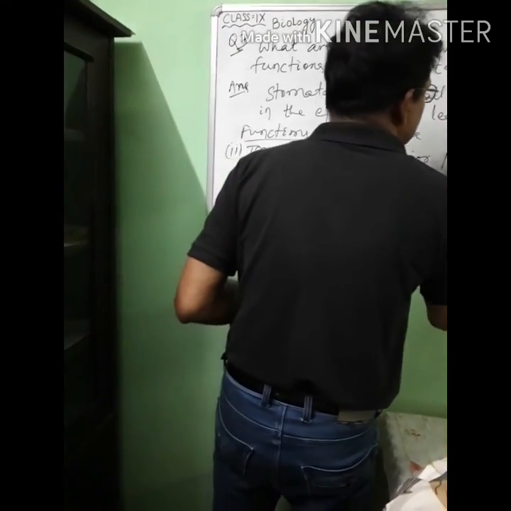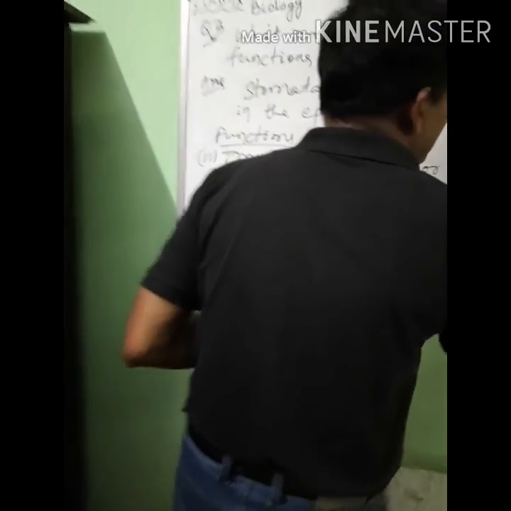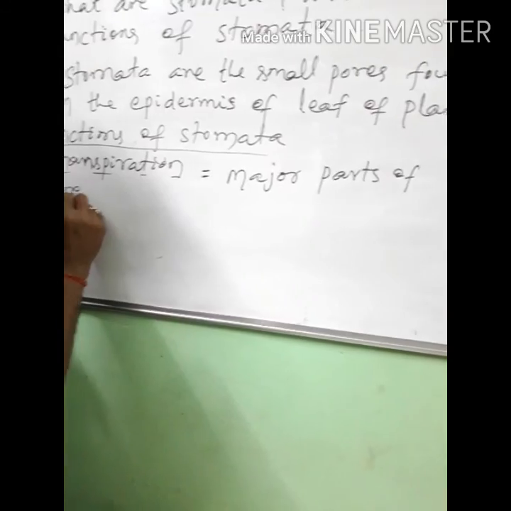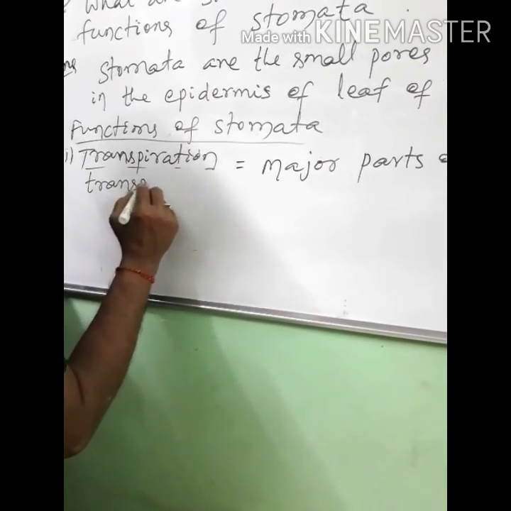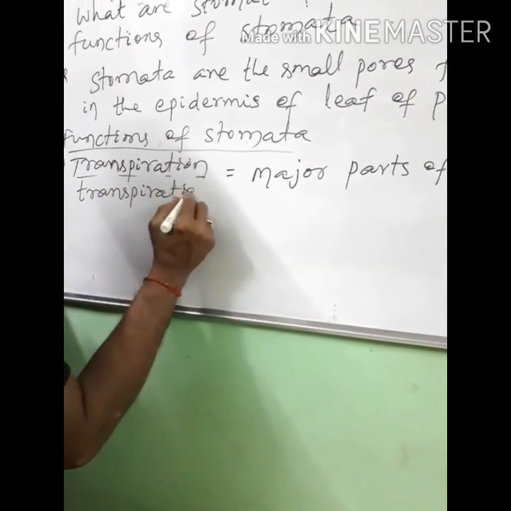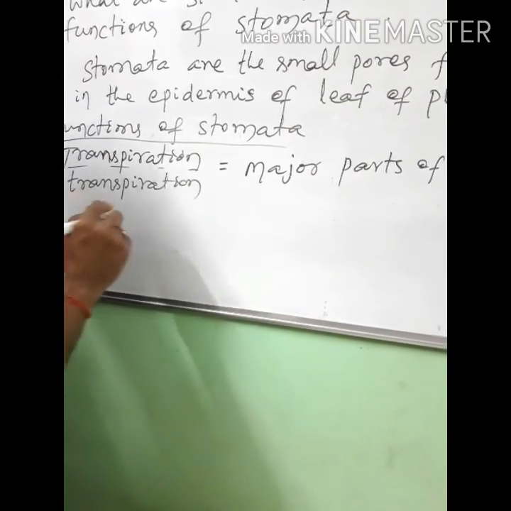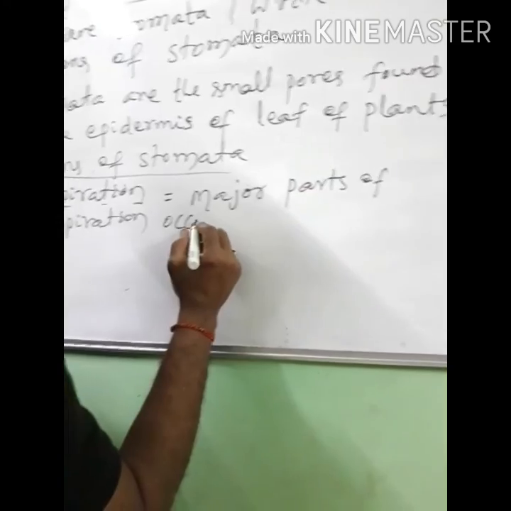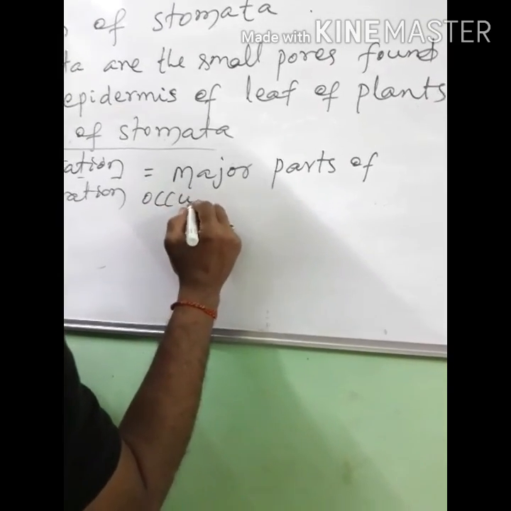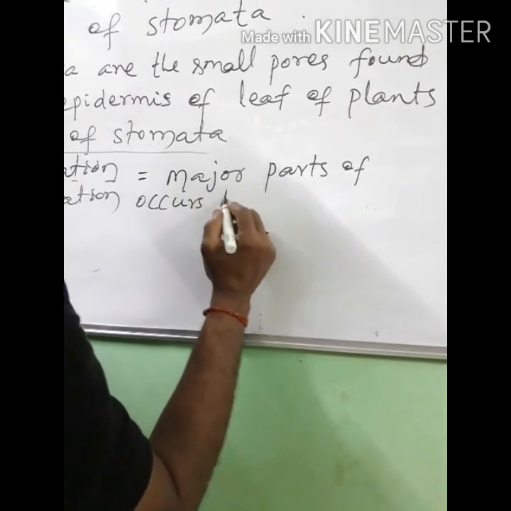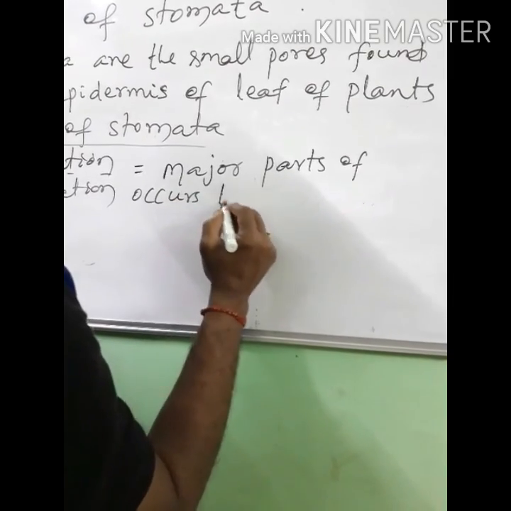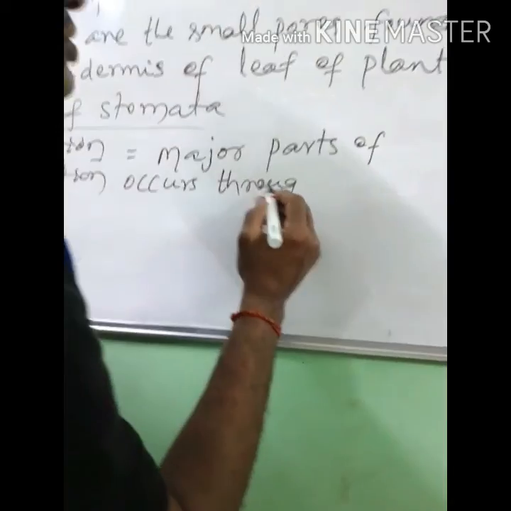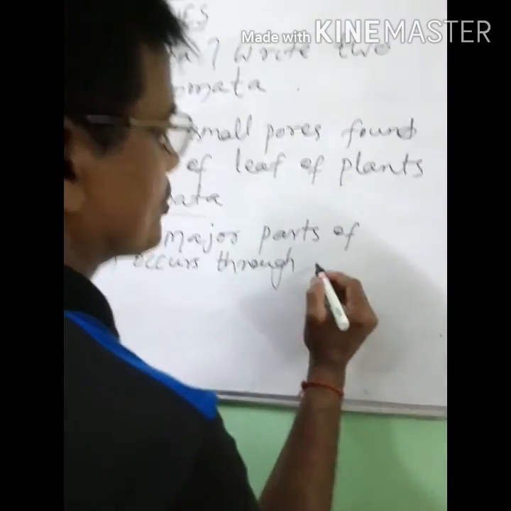Major parts of transpiration occur through stomata.